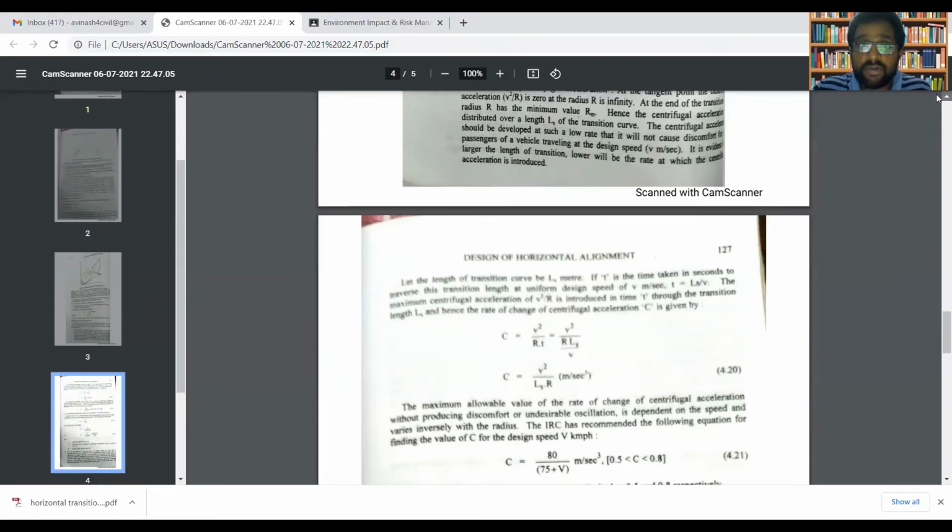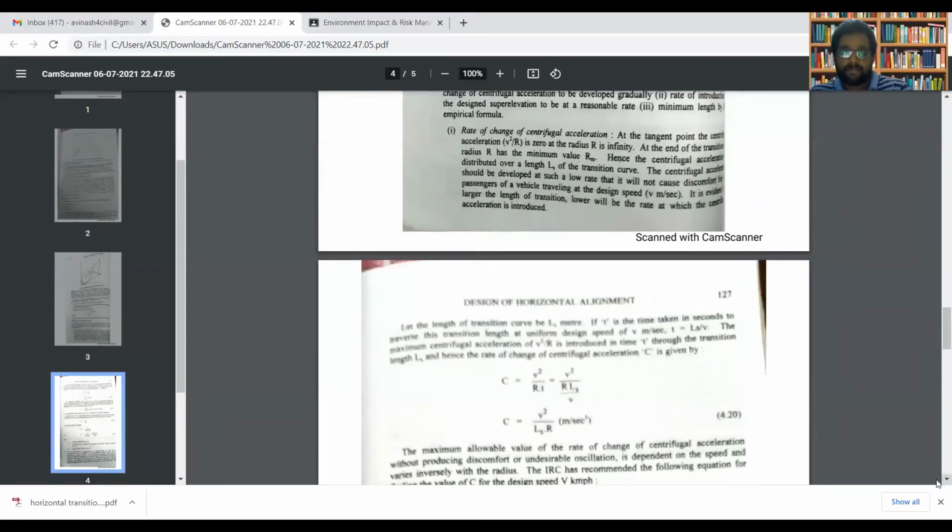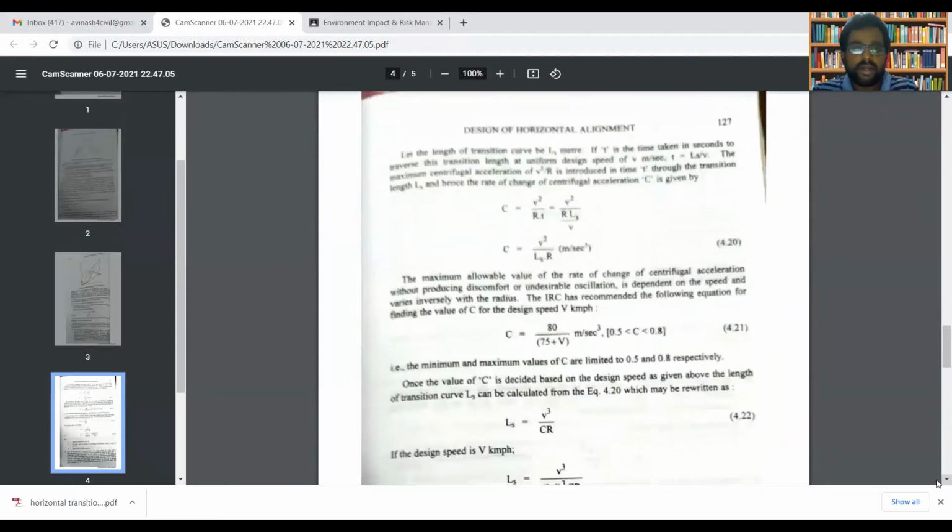So R is the radius, Ls is the length of transition curve, and V is the velocity, or the design speed. So this is the rate of change of centrifugal acceleration.